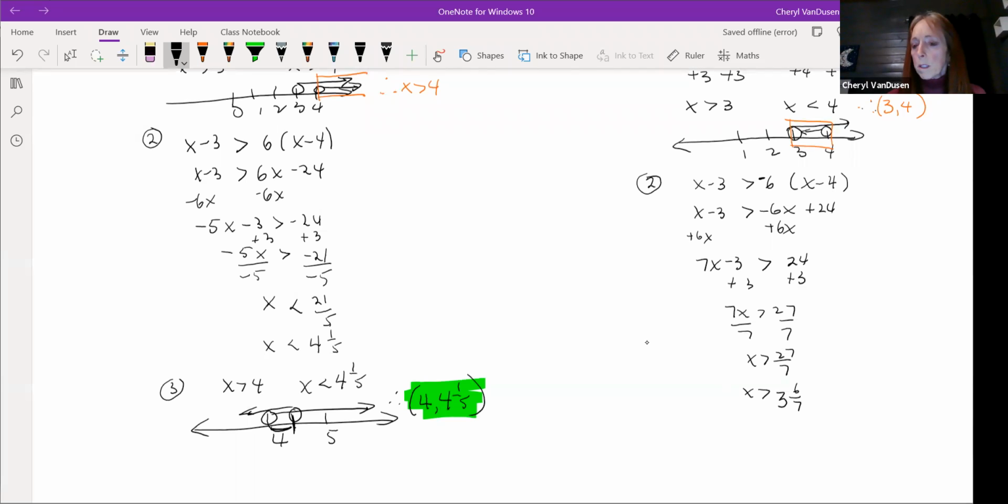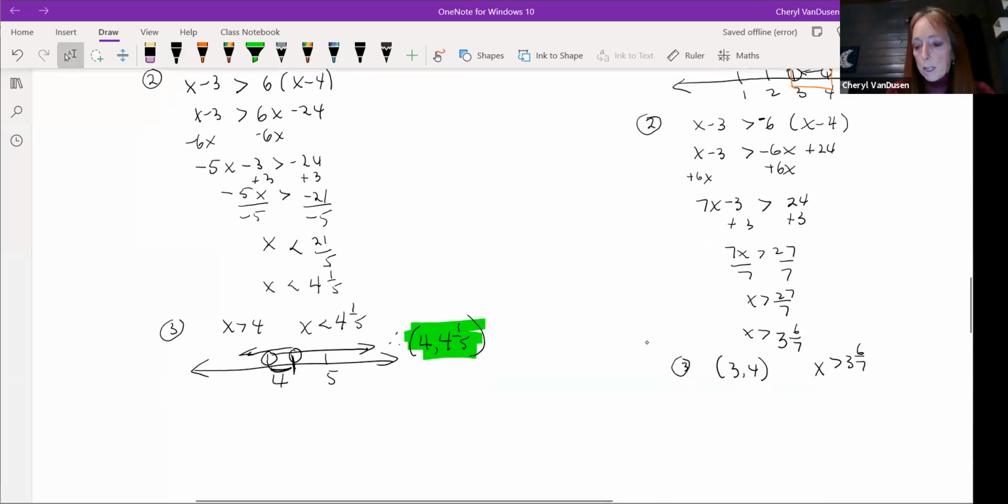Step number 3 in case 2 then is to reconcile. So we're going to look at the first one, which was 3 to 4. And then this one is x is greater than 3 6/7. So we have to look at that again. Let's spread this out.